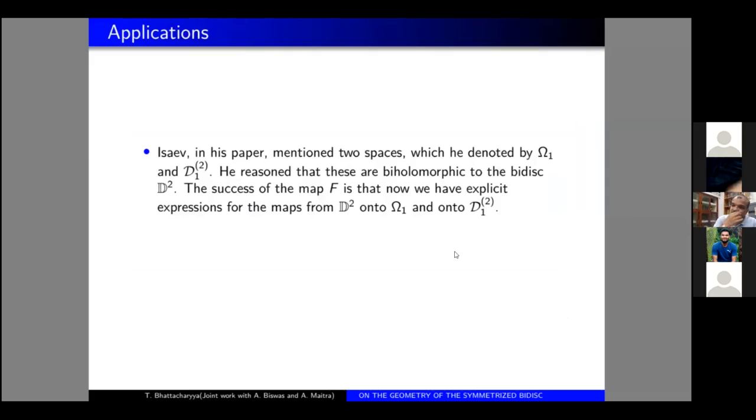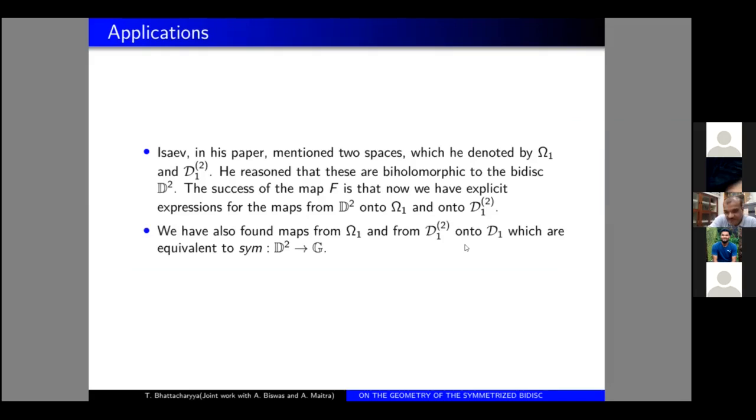For the rest, we go into some nice applications. Since Isaev had a long list, he also mentioned 2 other spaces, which he denoted by, well, these are his notations. I'm not writing down those spaces here. He reasoned abstractly that these are biholomorphic to the bidisc, both of them.